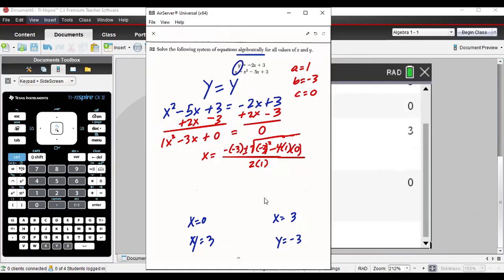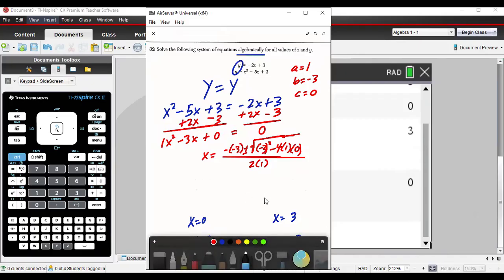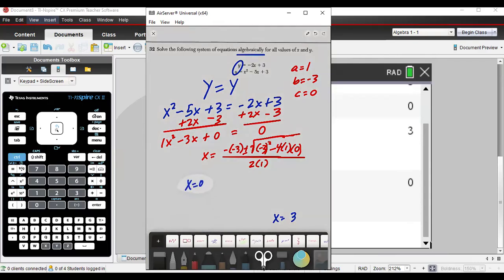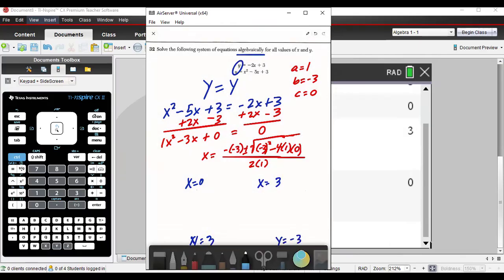Now, in order to get the last point, we have to show how we calculated y. So I'm just going to take this, move it up here, take this one, move it up here, and then do some algebra. So it's going to be y equals -2 times 0 plus 3.